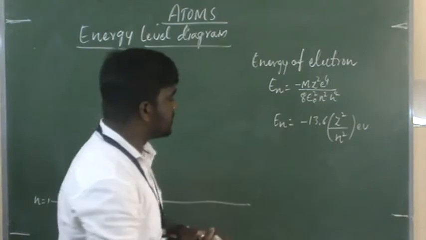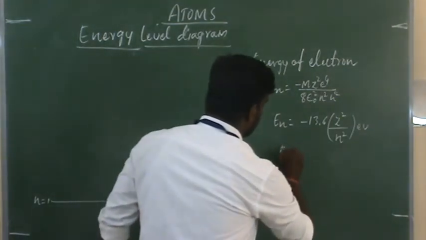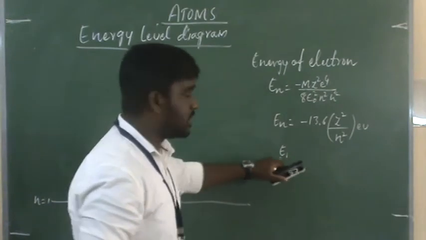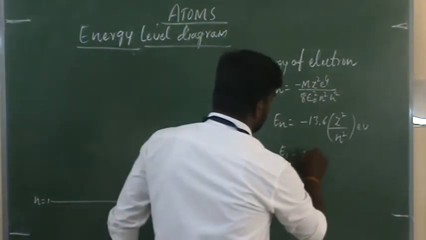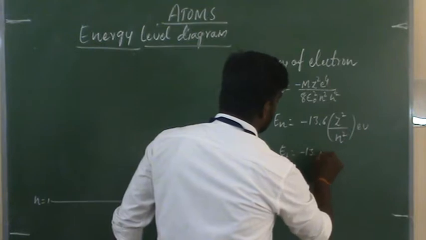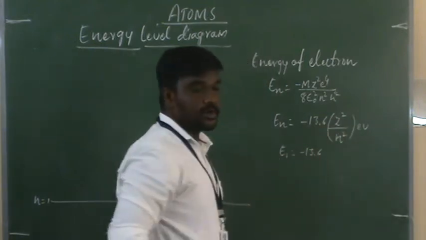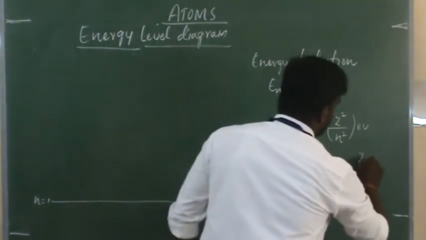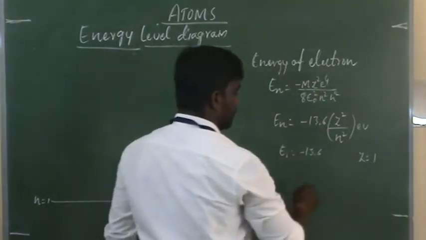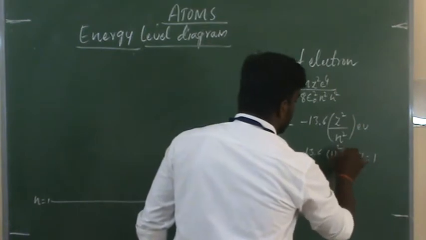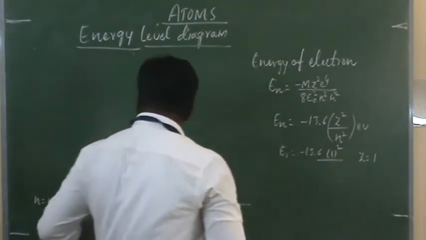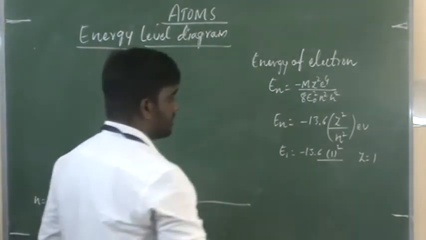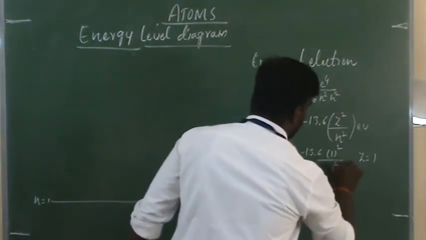By using this expression, the energy of the first orbit, E1, is equals to minus 13.6. Z is nothing but the atomic number of hydrogen, Z is equals to 1. So 1 whole square divided by n square, where n is the number of the orbit, first orbit is 1 square.